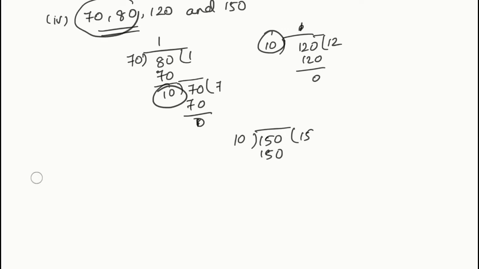So how did we do it? First you take 2 numbers and solve. Then with that HCF you solve the next number. With that remaining HCF you do the next one. The final divisor will be your HCF. So HCF is equal to 10 here. This is how you do the division method.